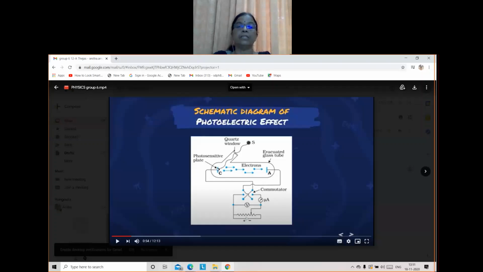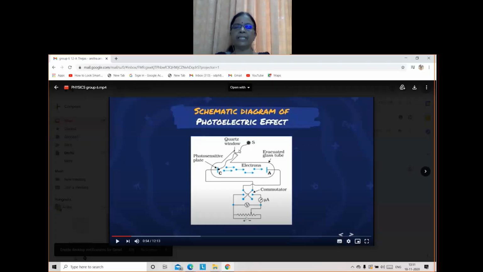So here, when the electrons are ejected from it, what will happen? Here, this is the positive plate. It is connected to the positive of the battery. So electrons are negatively charged. When light is incident, what is light? Light consists of photons. Photon means what? A photon is a packet of energy, a particle which has energy.